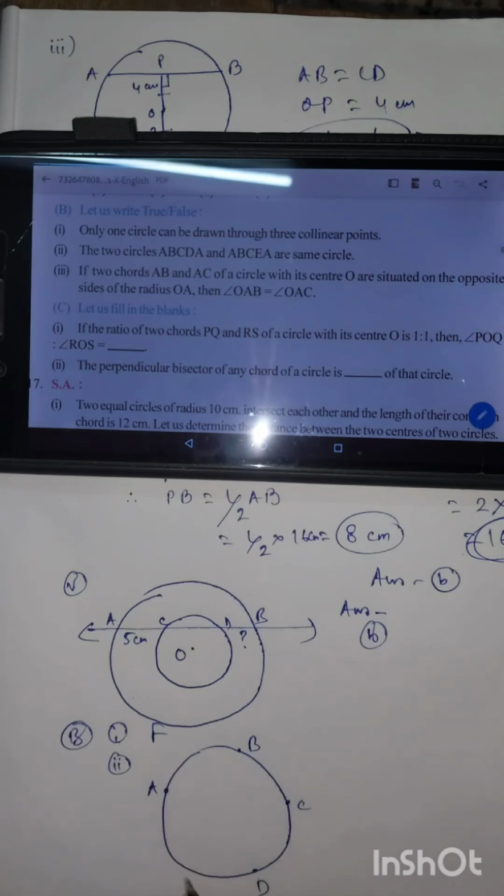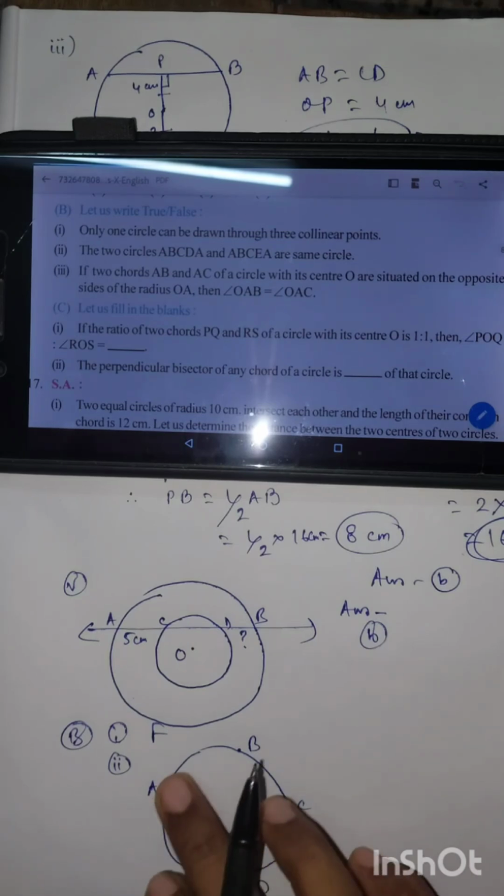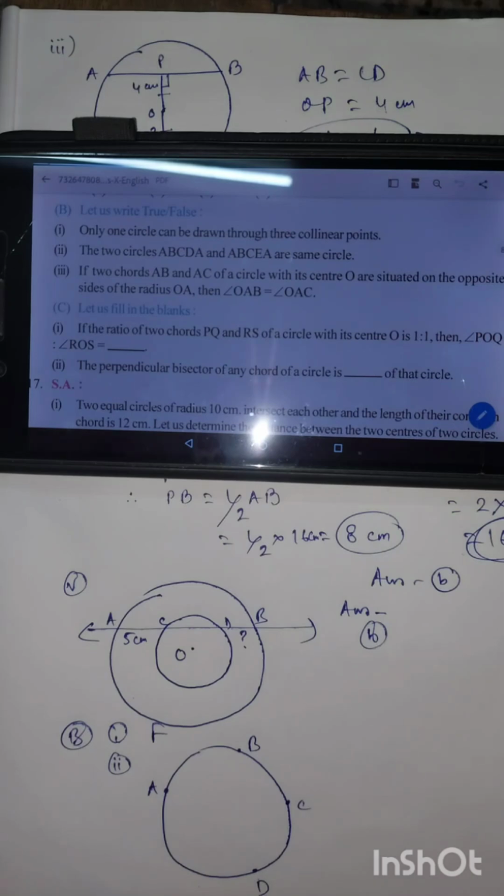Now there can be other points on the circumference of this circle. So there can be another point called E on its circumference. So the circle ABCDA and ABCEA are actually the same circles.